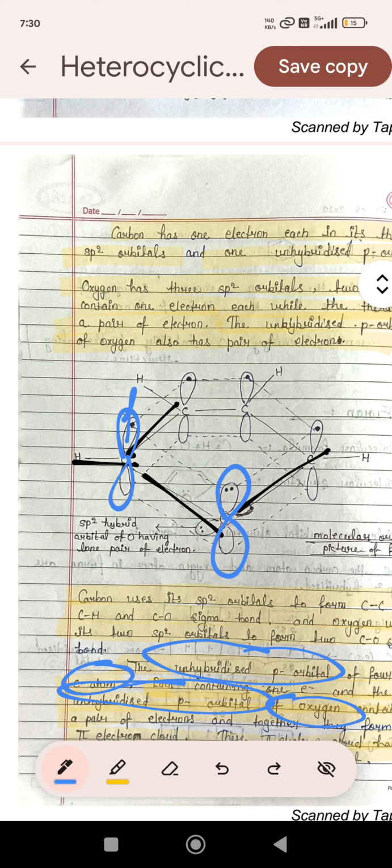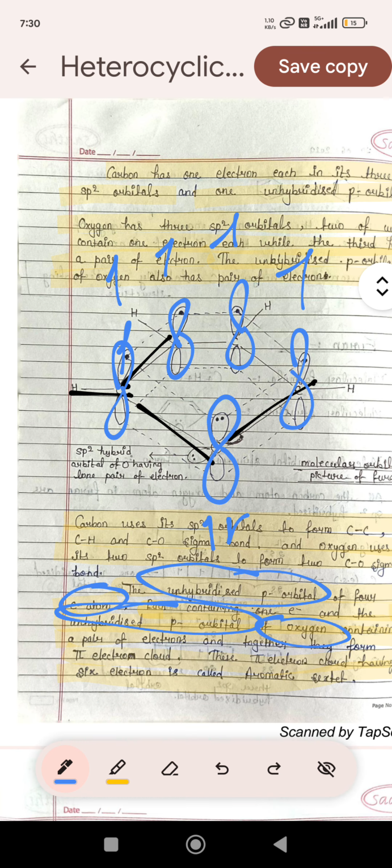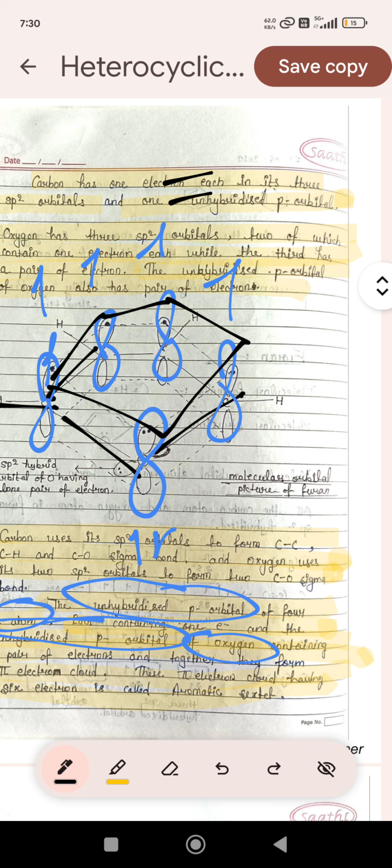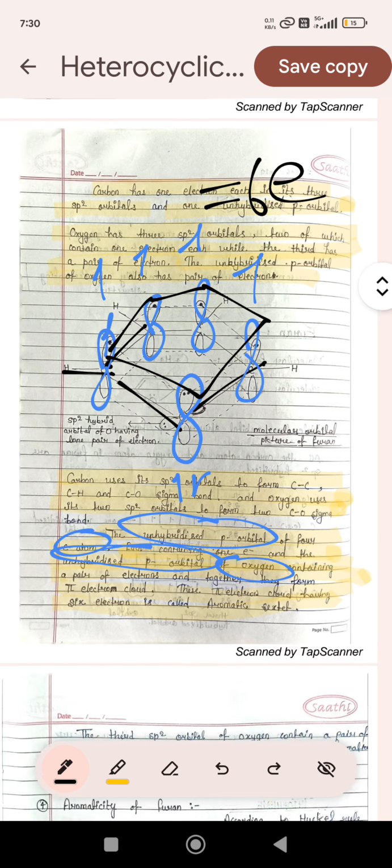This is carbon 1, carbon 2, 3, 4 with the single electrons, and oxygen with its paired electrons. They form the aromatic sextet because all the electrons add up to 6 electrons, which is known as the aromatic sextet.